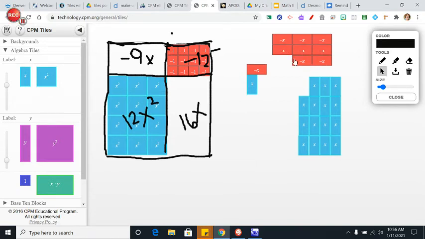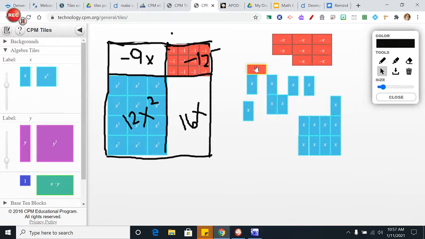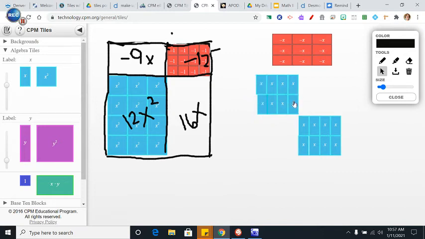So that means these negative 9 x tiles here are going to cancel out 9 of these positive x tiles. So those are going to be gone.